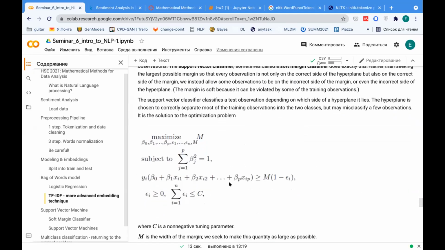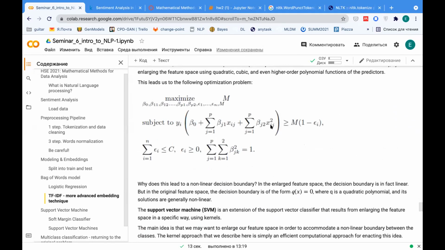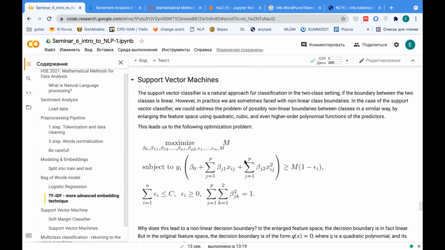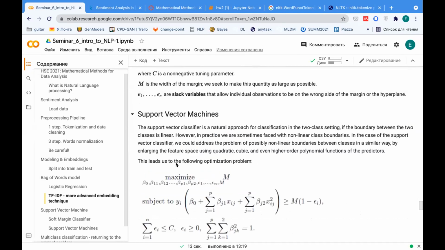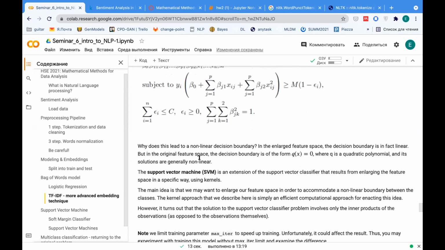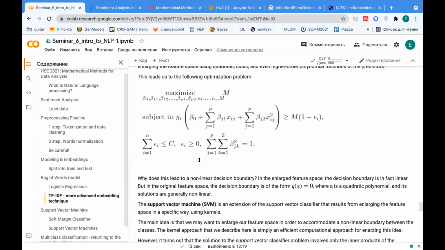In this case, we'll have some non-linear features here, and it actually now will work with support vector machines, but actually it's very similar to what we had here. But now with SVM, we can work also with nonlinear cases, and it's actually the best thing about SVM.